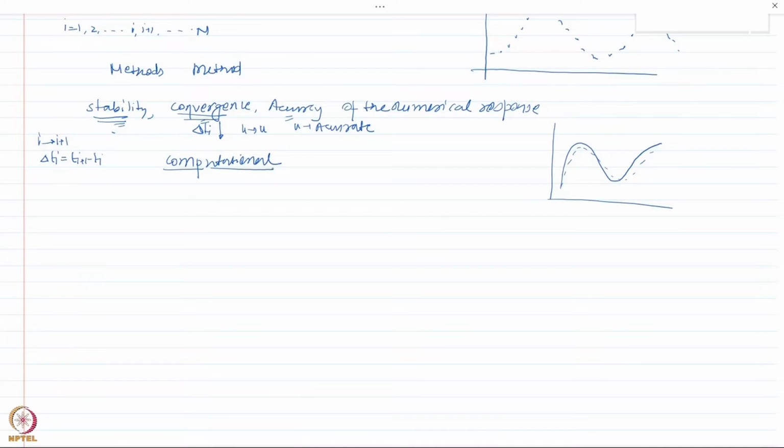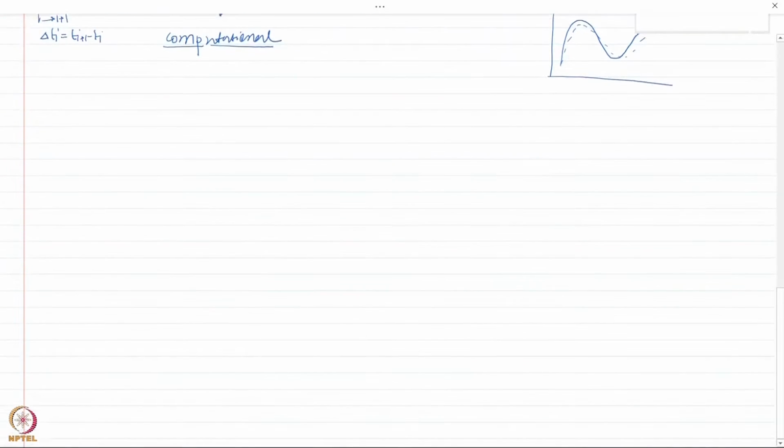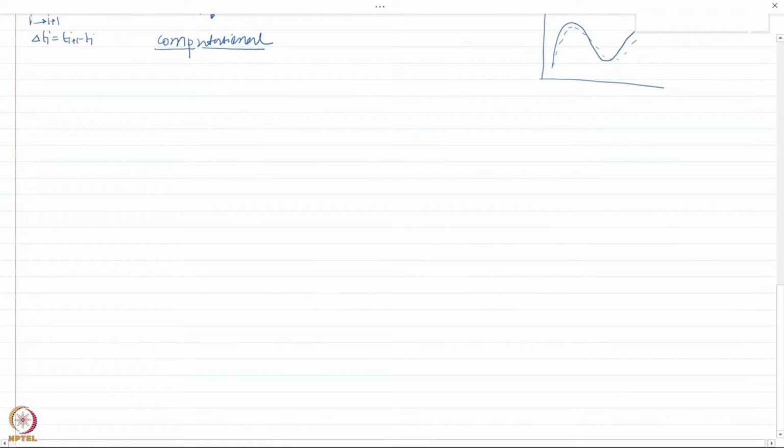All right. If that is clear, let us move to our first numerical method, which is the interpolation of excitation method.